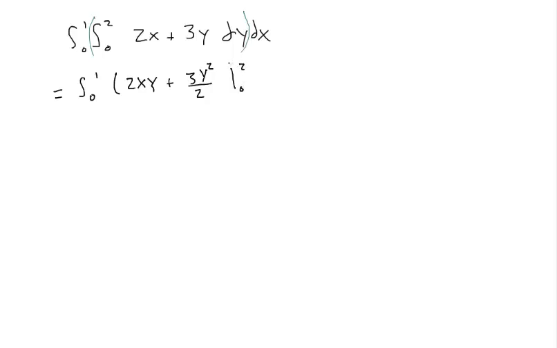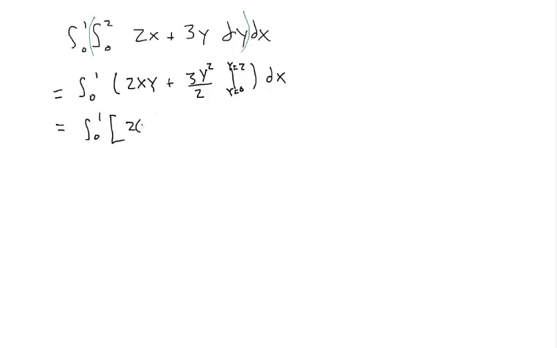Whenever we're doing double integrals, on the first one I like to write what variable I'm plugging into so I don't accidentally plug it into the wrong variable. And then dx. Now we need to evaluate the integral from 0 to 1, and remember, we do that by doing top minus bottom. So we'll plug 2 in everywhere there's a y.